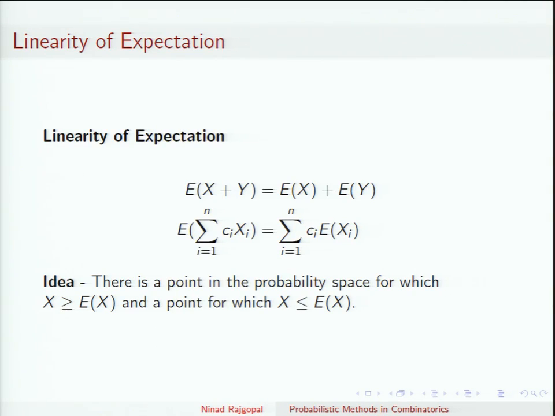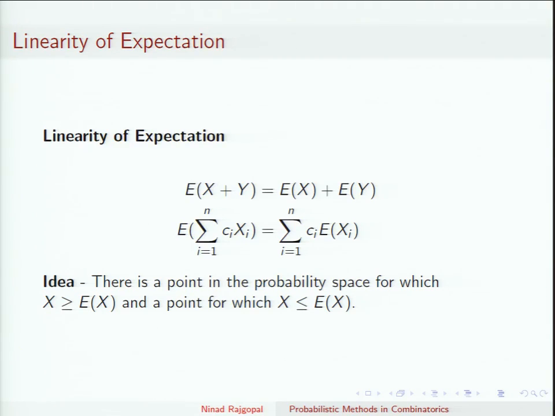So expectation is a weighted mean, right? For example, when you look at the heights of the people in a class and look at the mean of this, you can definitely say that there exists at least one person whose height is greater than or equal to the mean, and similarly less than or equal to the mean.